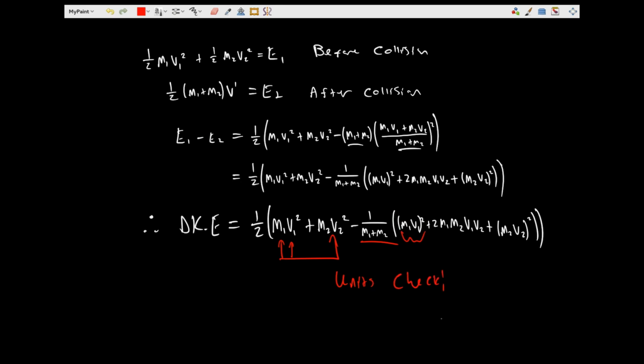So that's what your loss of energy is going to be from an inelastic collision. We can see that an inelastic collision is not perfect. We lose energy because this will be a positive number.